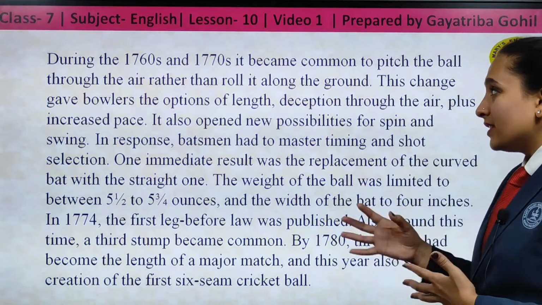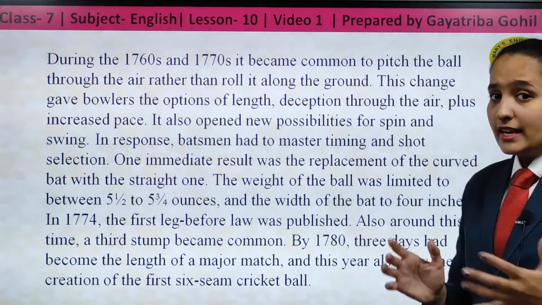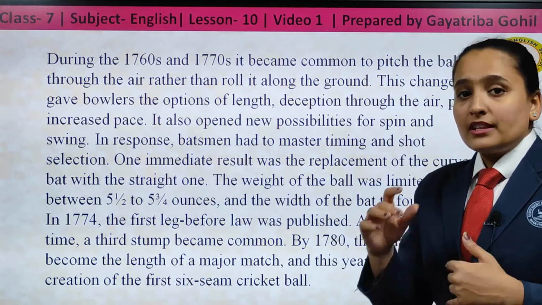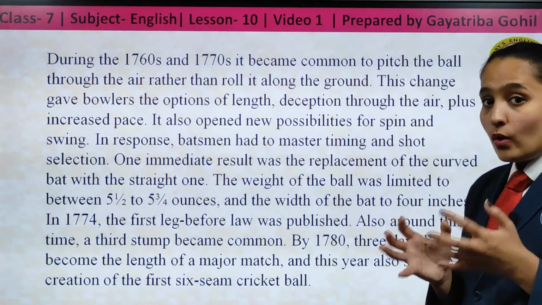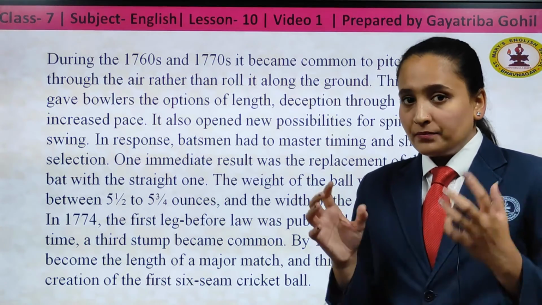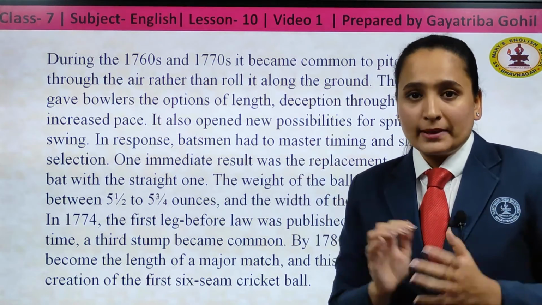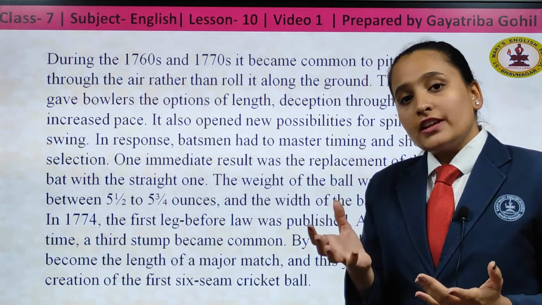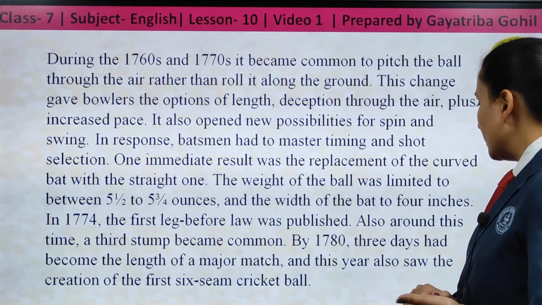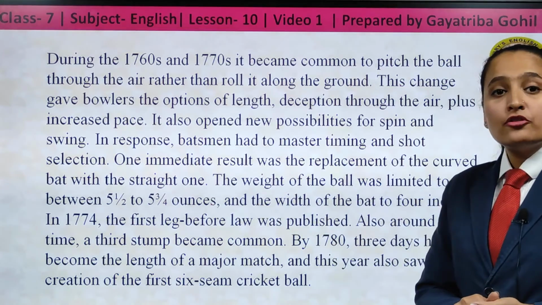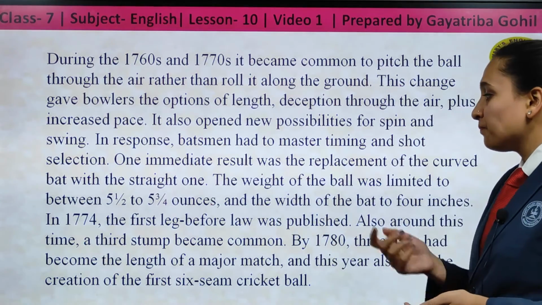So around these times, 1760s, 1770s to 1780s, there were many major changes which took place, among which one was that the bat, which used to be curved at the end, now became straight. Why? Because now there were many different bowling styles. Another thing that changed was that the leg before law came into existence.